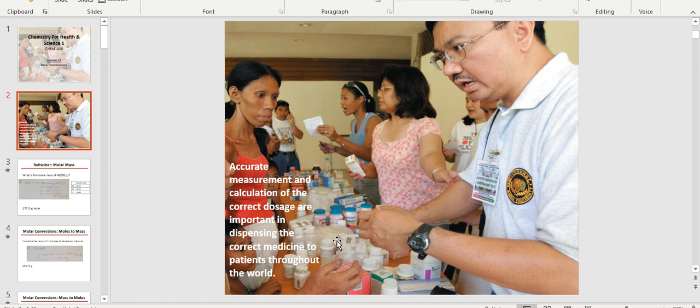Now, this is all involved in chemical reactions, starting with reactants. If I have 5 grams of this reactant and 8 grams of this reactant, what predictions can I make about how much product I'm going to make?